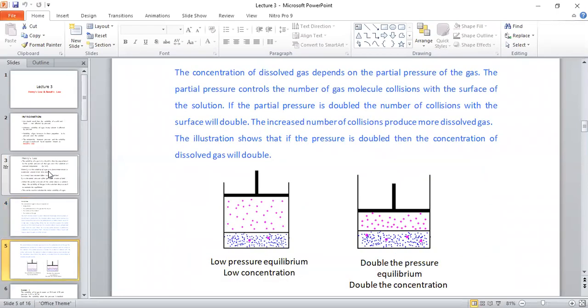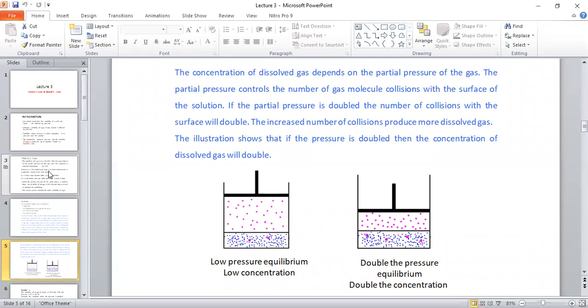Still making Henry's law clearer to you, the concentration of dissolved gas depends on the partial pressure of the gas. The partial pressure controls the number of gas molecule collisions with the surface of the solution.